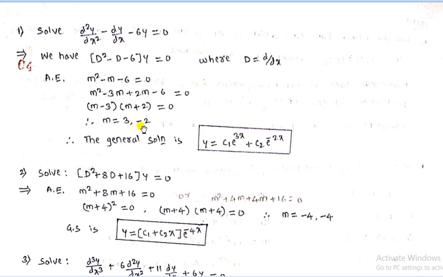So 3 and minus 2, both the roots are real, but these two roots are different. Hence its general solution is y equal to c1 e to the power 3x plus c2 e to the power minus 2x. By using the calculator you can calculate the roots of the equation directly.